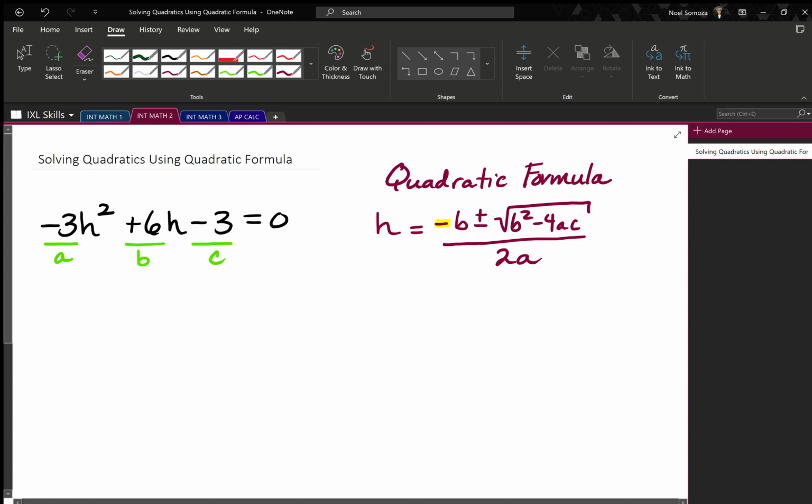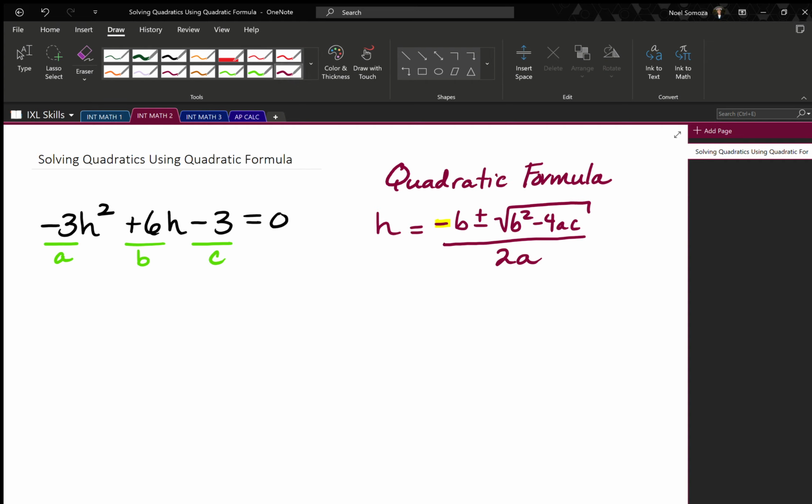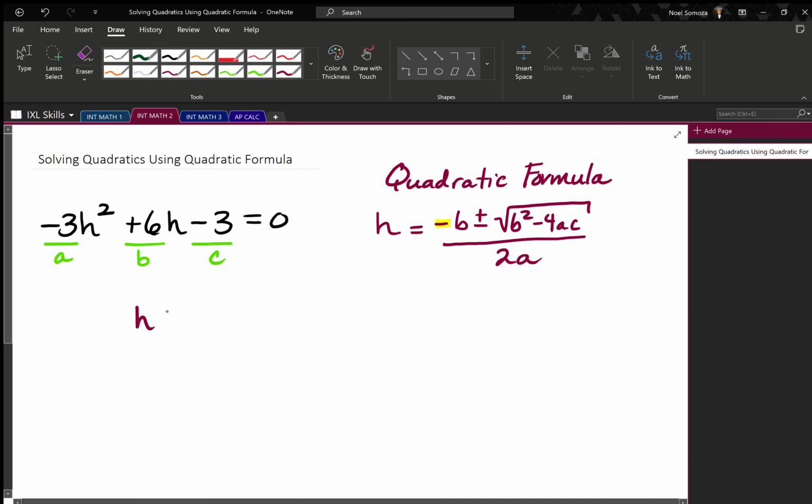So let me go ahead and plug my values into my quadratic formula. So we will have h is equal to negative. Again, that's the same negative that I have to borrow from the formula. But when I get to b, b is actually 6. So I'm just going to replace the b with a 6, plus or minus the square root of b squared.